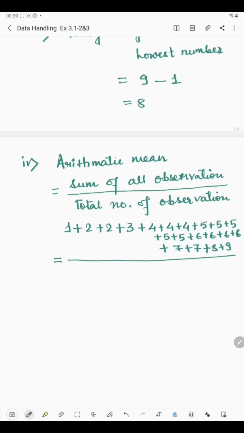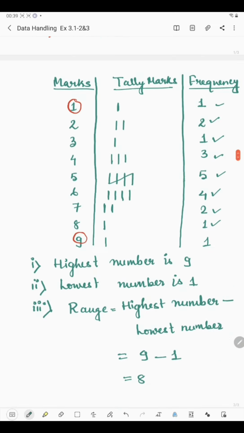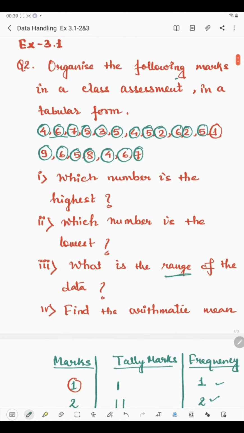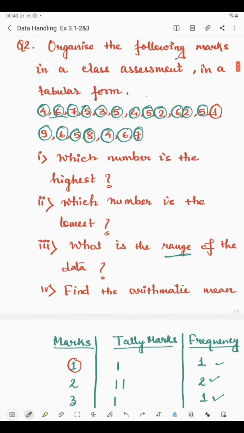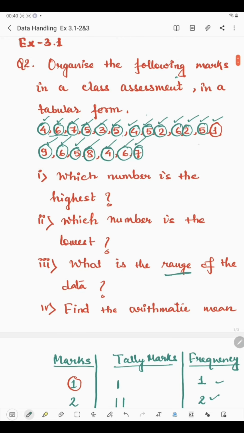Now how many observations are there? So let us count. 1, 2, 3, 4, 5, 6, 7, 8, 9, 10, 11, 12, 13, 14, 15, 16, 17, 18, 19, 20. So total 20 observations are there.